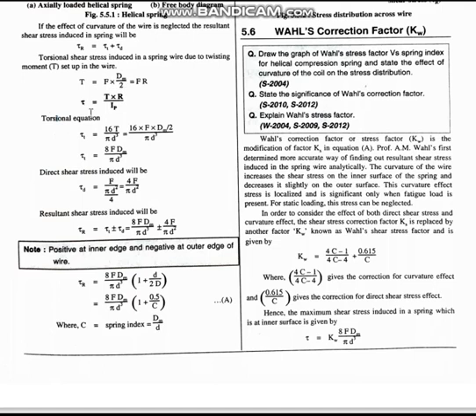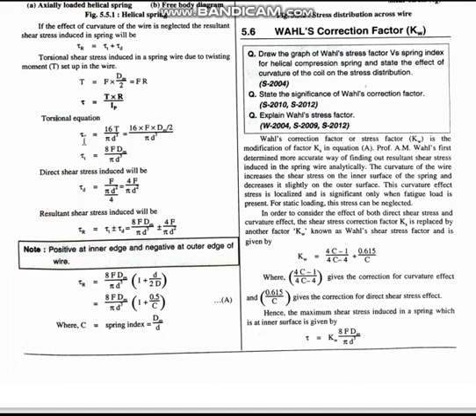From the torsion equation you can get this relationship for the shear stress. Shear stress is equal to torque into radius upon the polar moment of inertia J. Now let us substitute.